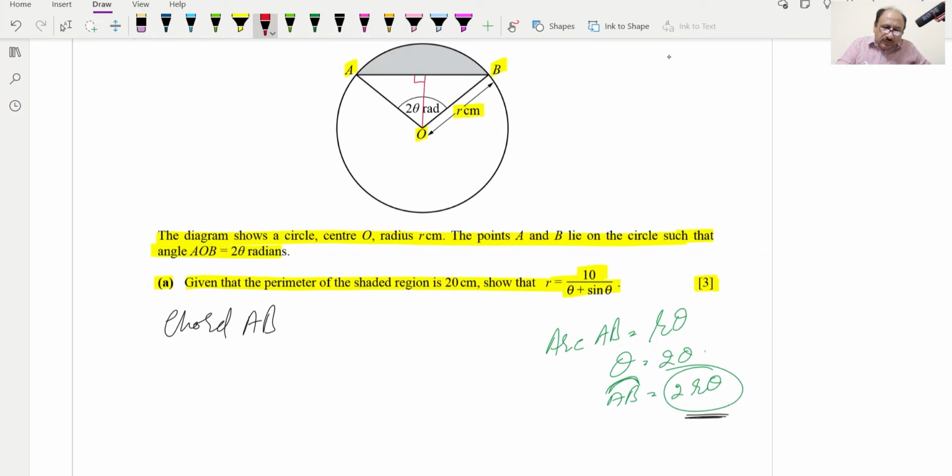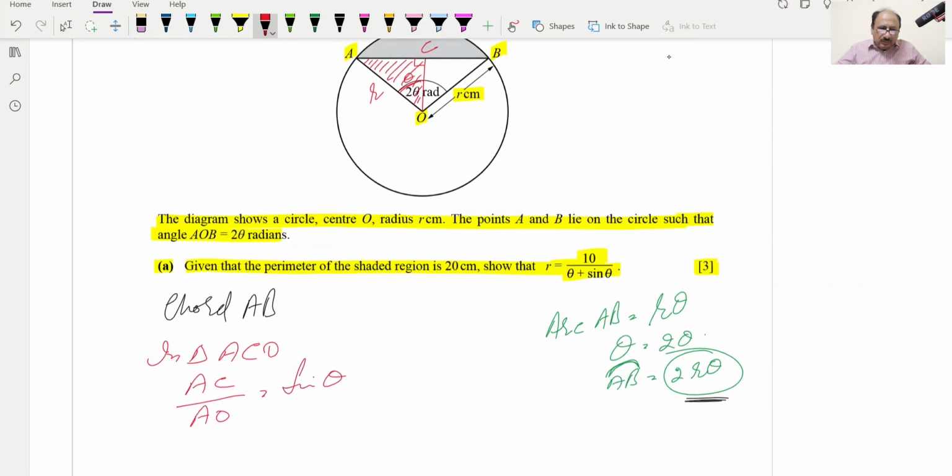This portion will be theta, and this side is R. We can consider this triangle, and in this triangle we can take this point as C. So in triangle ACO, AC over AO will be equal to sine of theta.